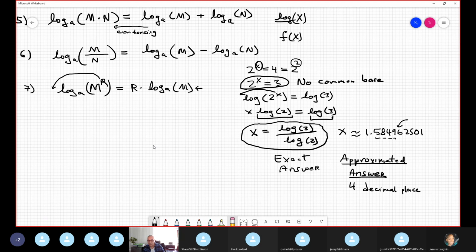Now you increase it. So my final answer after rounding is approximately 1.5850, because when this number is equal to or greater than 5, you increase: 49 plus 1 is 50. That is my approximate answer according to this criterion, rounded to 4 decimal places.